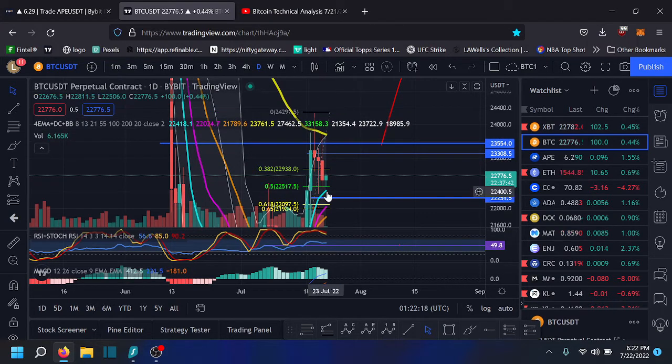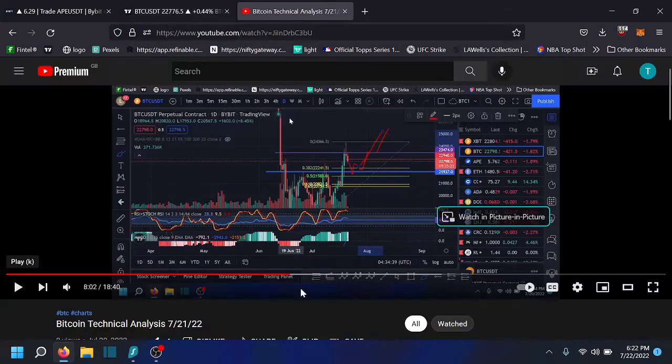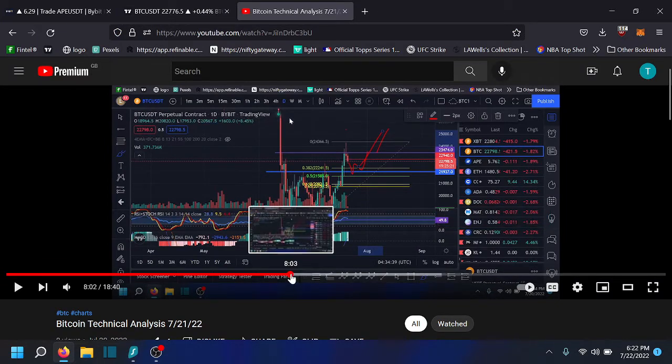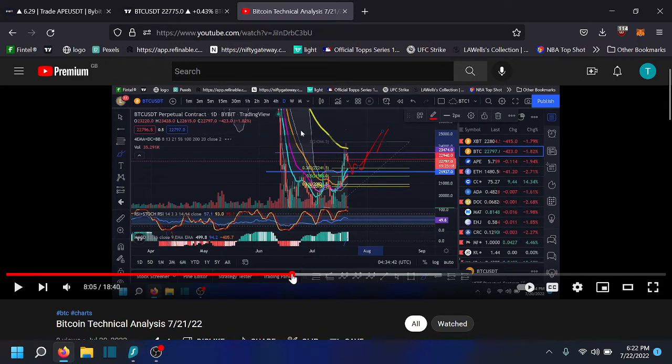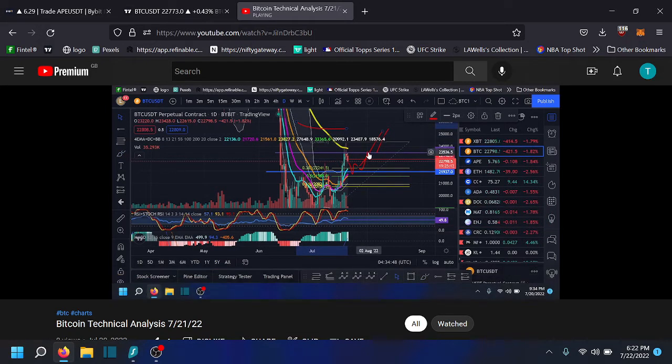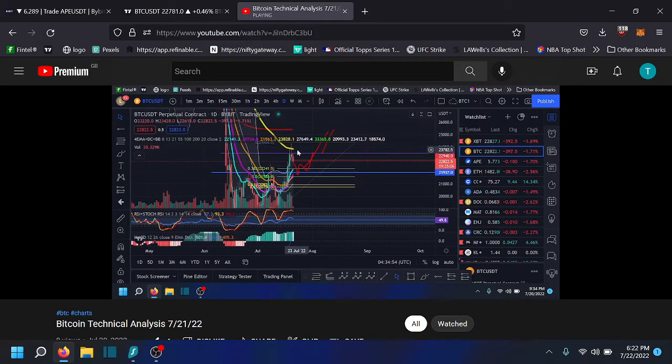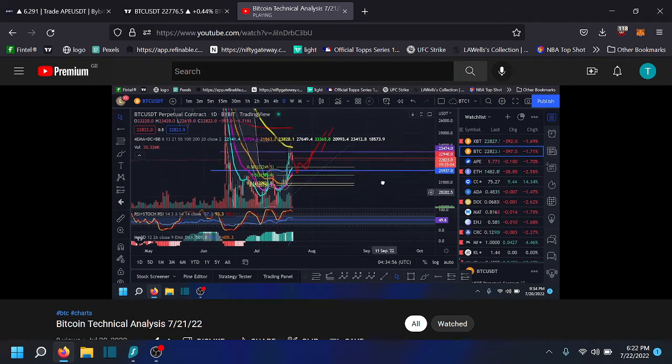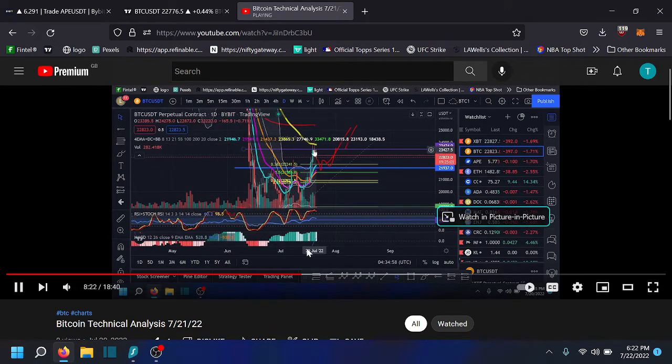We must show support at the 8 exponential moving average, which I mentioned a little later. Our 55-day exponential moving average is coming down a bit to about 23,500, so it's going to allow everything to keep coming down a bit. That's how I see this playing out.